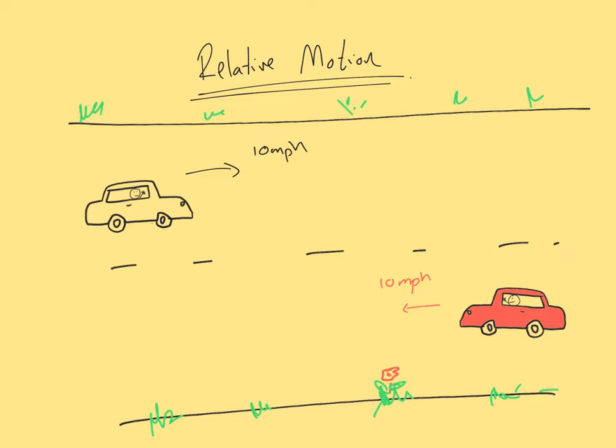So even though each car is only going 10 miles an hour, the combined effect means their relative speed is, adding those together, 20 miles an hour. Because as one car moves towards the other, they're both moving towards each other, and so it has double the effect.